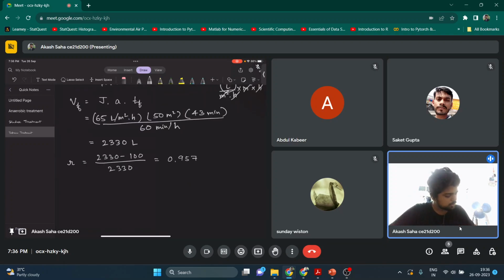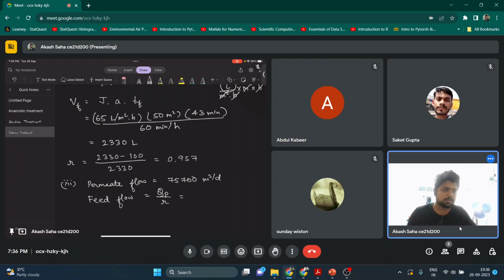Now the third part. Third part is what is the required feed flow. We know that the permeate flow is given as 75,700 meter cube per day. So what will be my feed flow? My feed flow will be just my permeate flow divided by the system recovery factor.